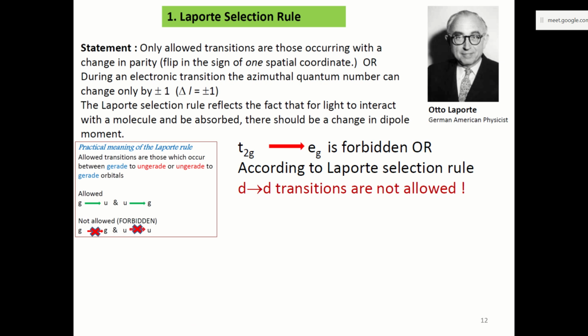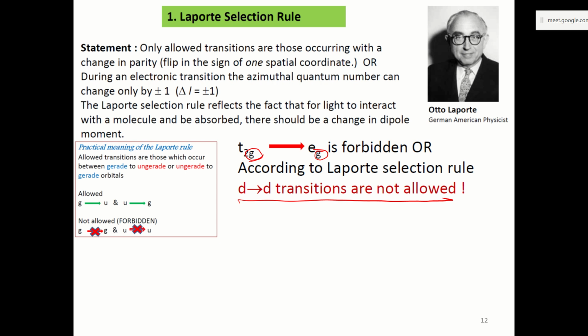So when we talk about this T2g to Eg, this is forbidden because all of them have the same symmetry constitution. G to G transition is not allowed. So why can this not happen? Because there is no change in the dipole moment. There is no transition dipole that develops.